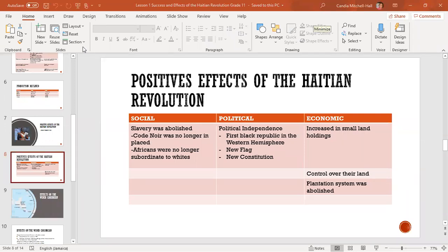The French slave laws. And so the French slave laws were no longer in place. And if the French slave laws were no longer in place, then Africans were no longer subordinate to whites. That was a very major accomplishment.